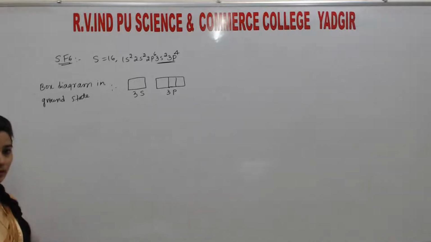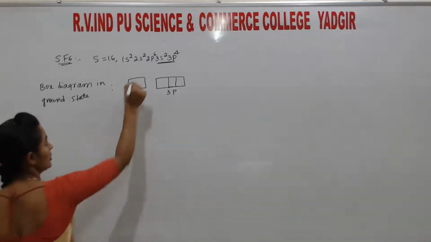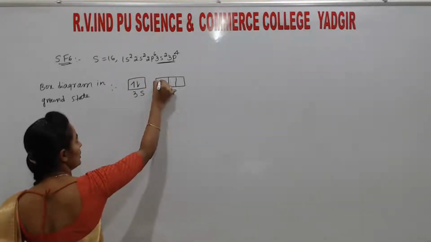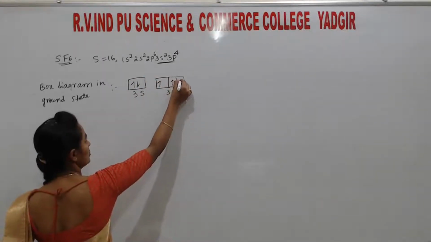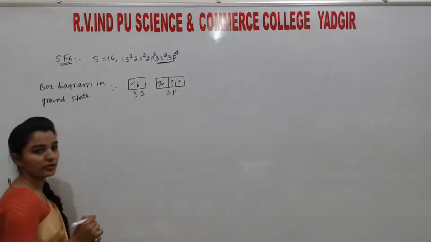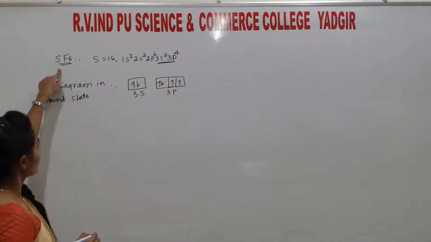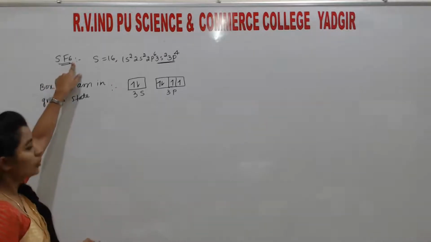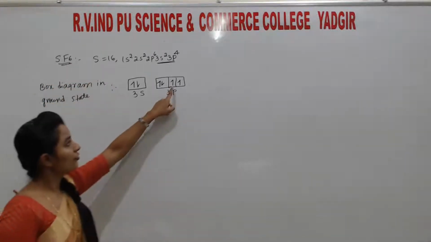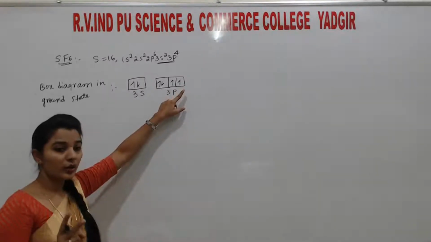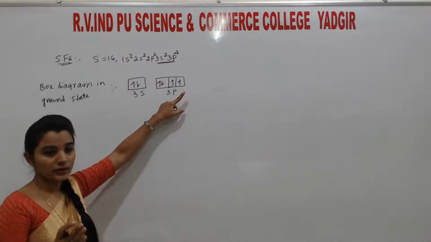In 3s, of course, 2 electrons are there. In 3p, 1, 2, 3, 4 electrons are there. Now comparison: the number of bonds is 6, but the number of unpaired electrons is only 2. So we require an extra 4 electrons for bonding.